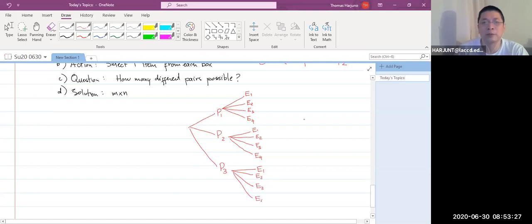So you see you have a total of 12 pairs, right? So you have this pair, pencil 1, eraser 1; pencil 1, eraser 2; pencil 1, eraser 3; pencil 1, eraser 4; pencil 2, eraser 1; pencil 2, eraser 2; pencil 2, eraser 3; pencil 2, eraser 4; or pencil 3, eraser 1; pencil 3, eraser 2; pencil 3, eraser 3; pencil 3, eraser 4.